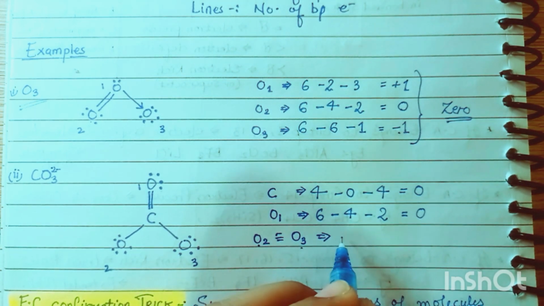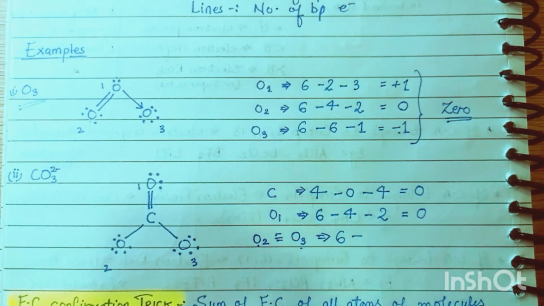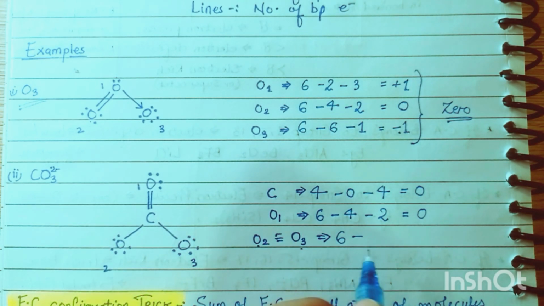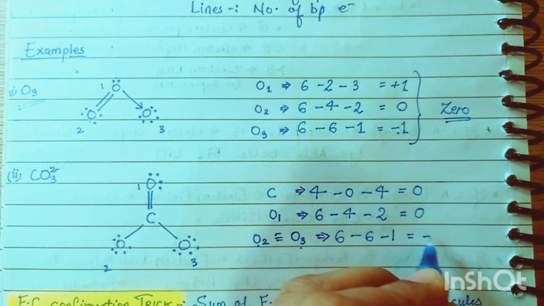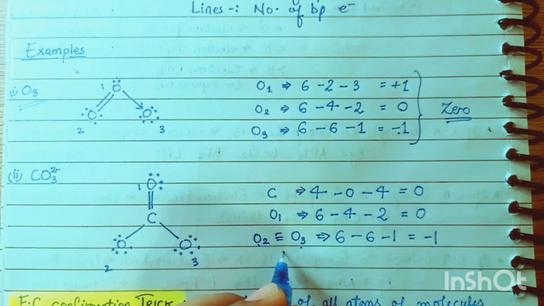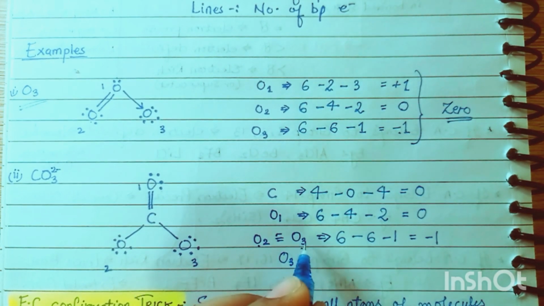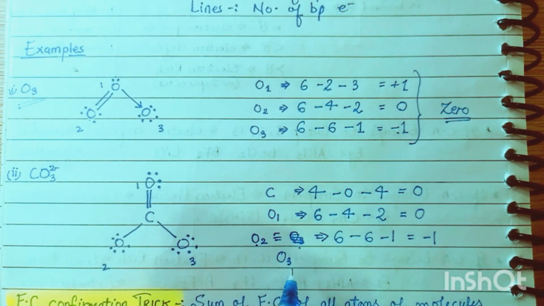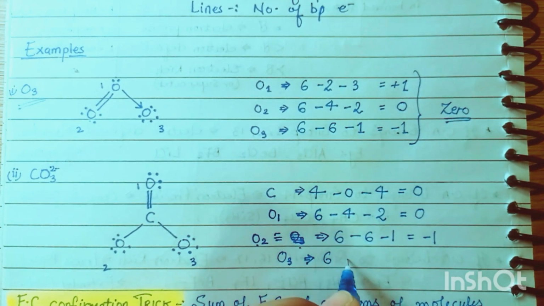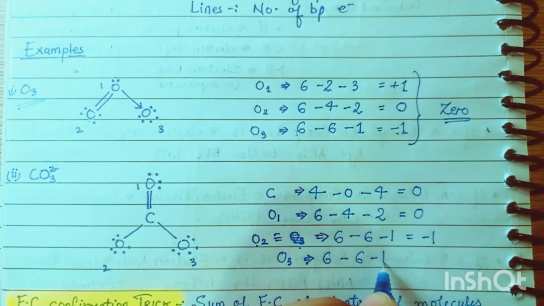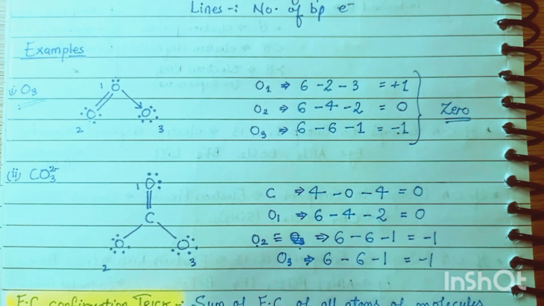Let's start. 6 valence electrons. How many dots? Tell me. Yes, there are 6 dots. How many lines? There is 1 line. What is the output? -1. Similarly, for oxygen 3, the charge is 6 minus 6 minus 1, which is equal to -1.